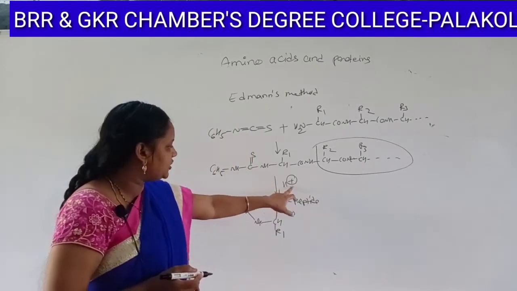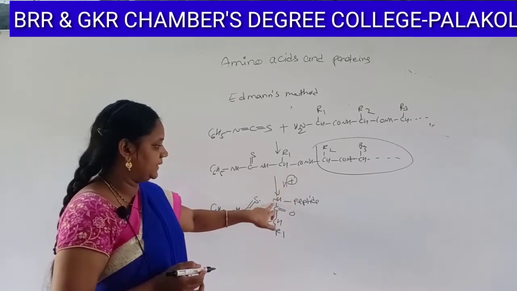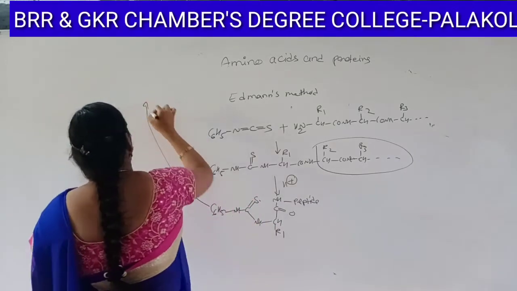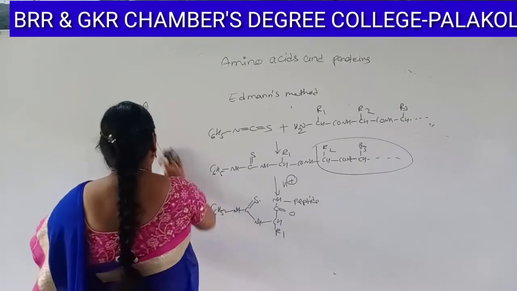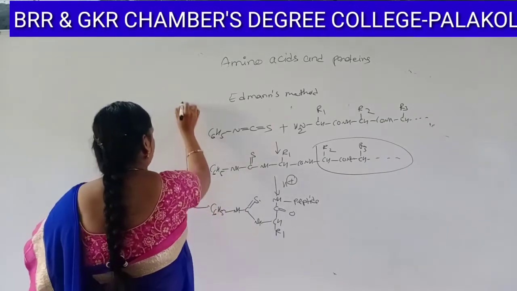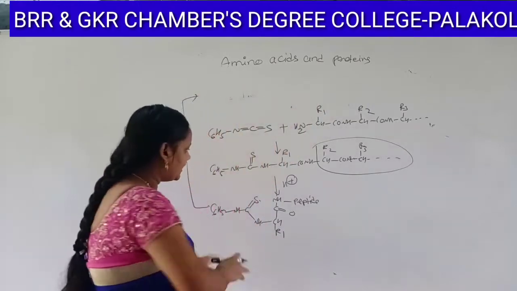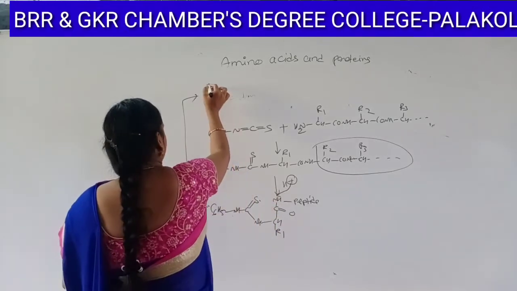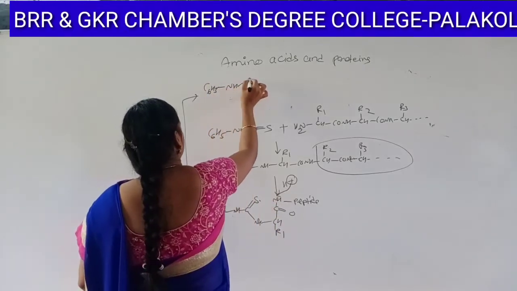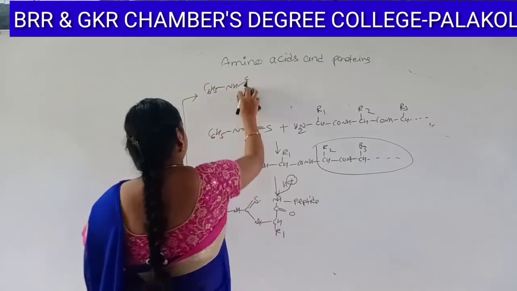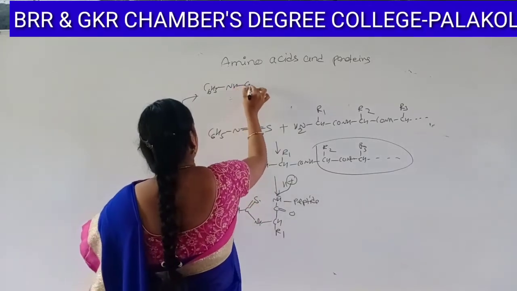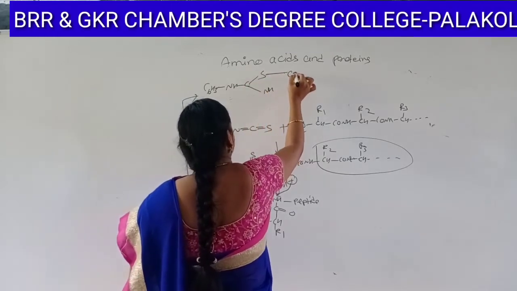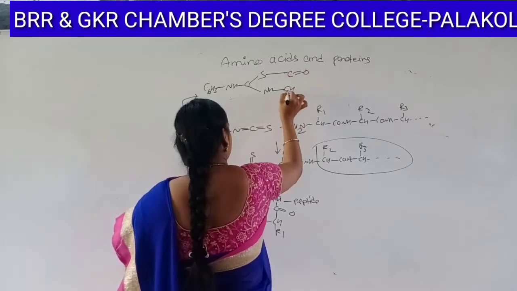What happens here? This H+ gets attached to the NH. So in the next step you will get C6H5 NH C single bond S single bond, with S connected to C=O, N CH R1.